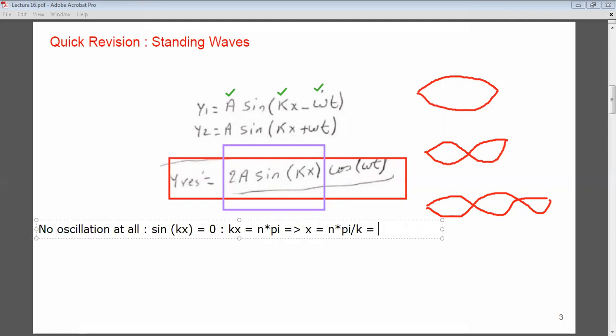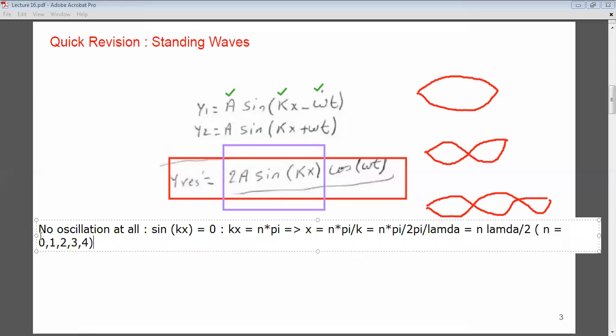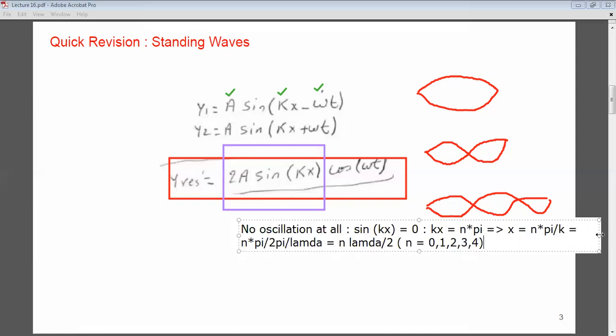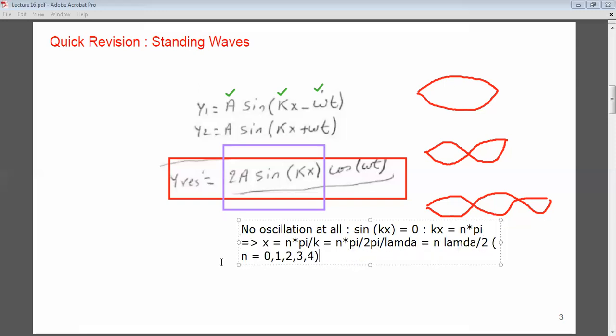And if I put instead of k, 2 pi over lambda, then n times pi divided by 2 pi over lambda gives me pi and pi will cancel out, and we get n lambda over 2, where n can be 0, 1, 2, 3, 4, etc. And these points we call nodes.